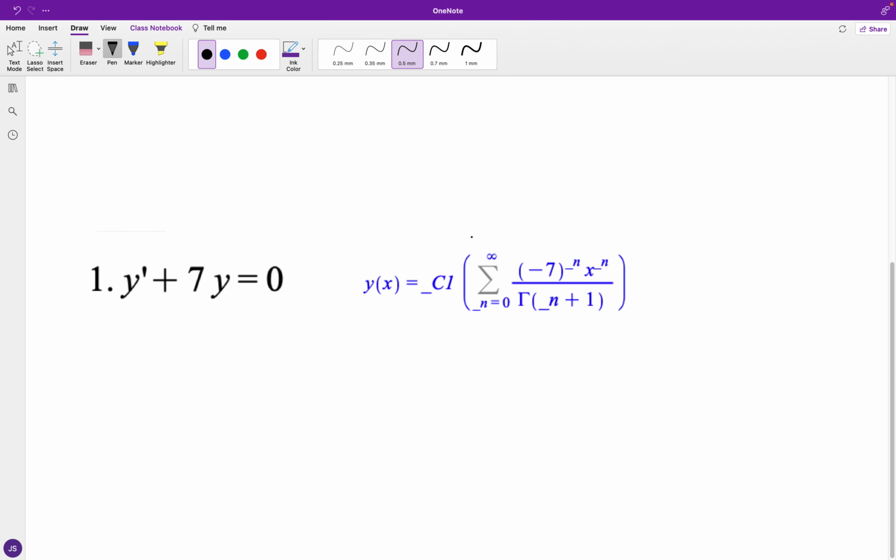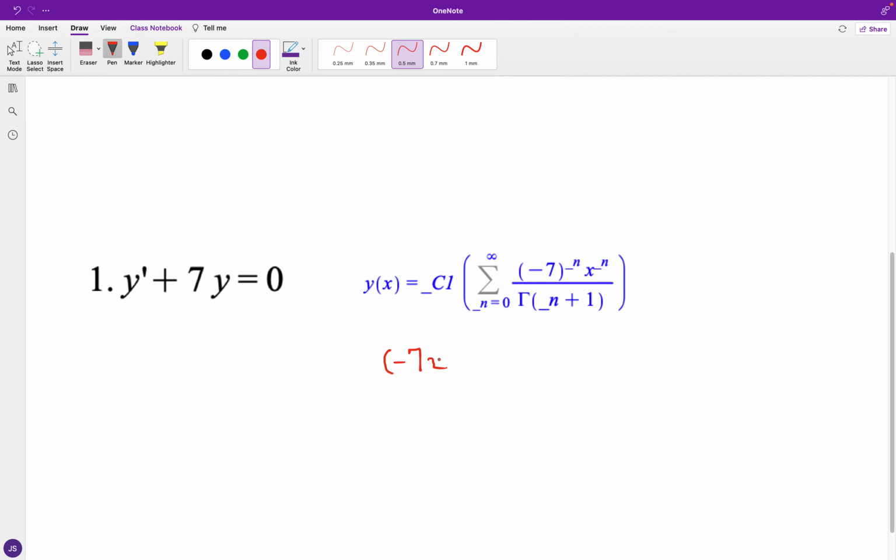From the first equation, y prime plus 7y is equal to 0, this was the response that we got from Maple. Just to clean up the notation, we got negative 7 to the n times x to the n.